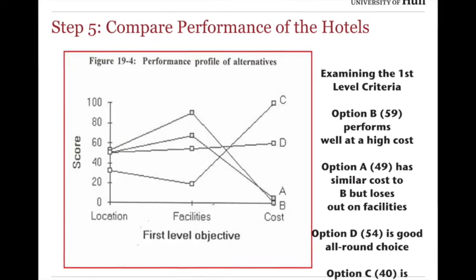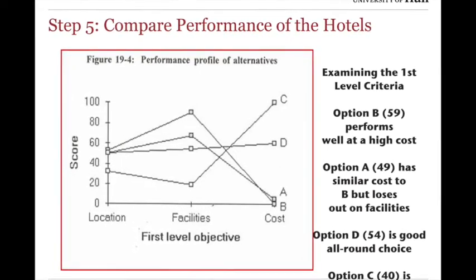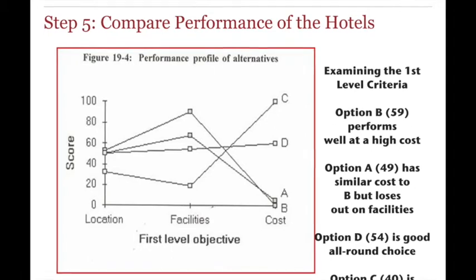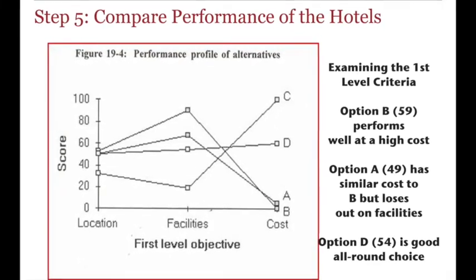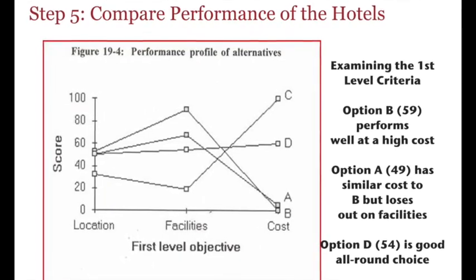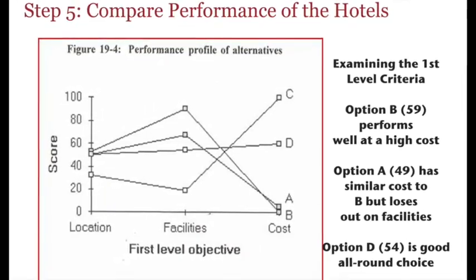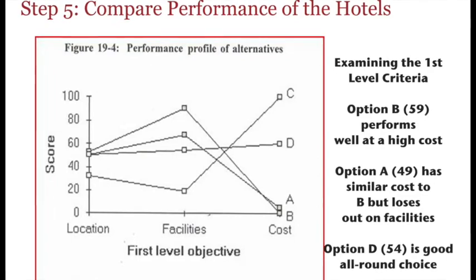So here we've got a graph which shows how each of the options performs on each of the level 1 criteria, so location, facilities and cost, and then we draw a line between those scores, and so we get a performance line, if you like.